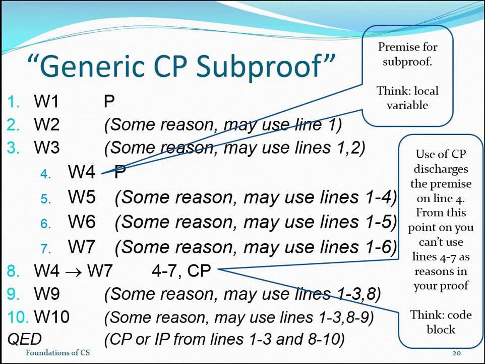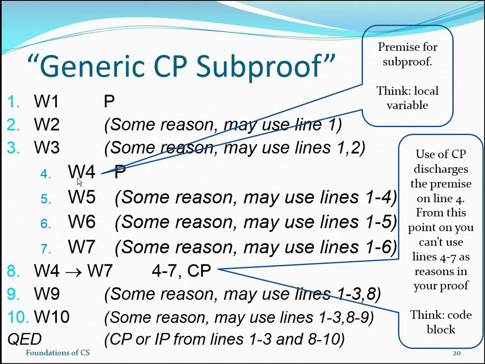Okay, here's a generic CP subproof. This is just what every CP subproof looks like. Maybe I have a wff that's my premise, and I have a couple more wffs that I get based on the premise, right? Maybe I use line 1, maybe I use lines 1 and 2 to get to line 3.